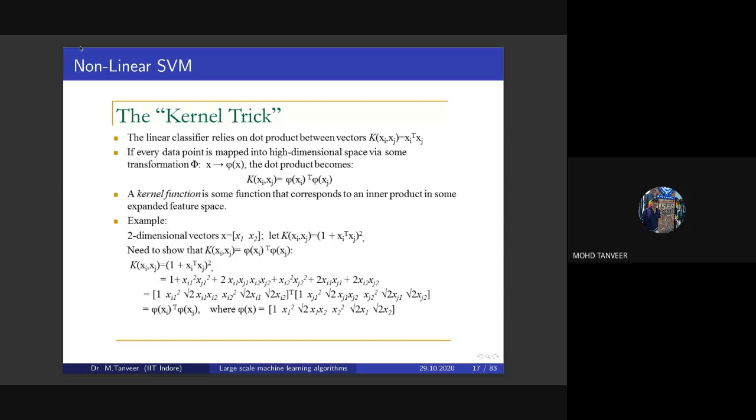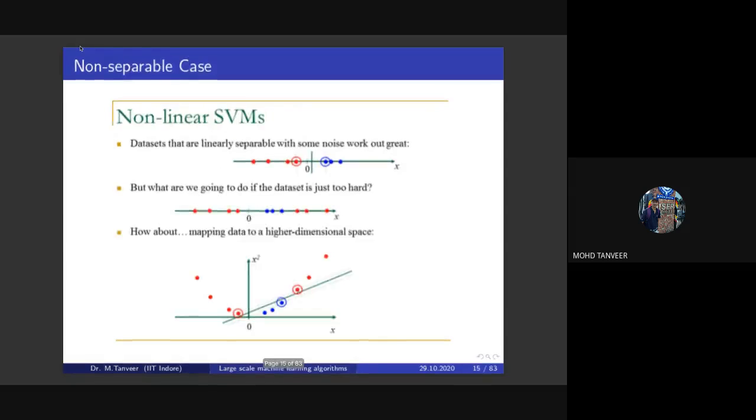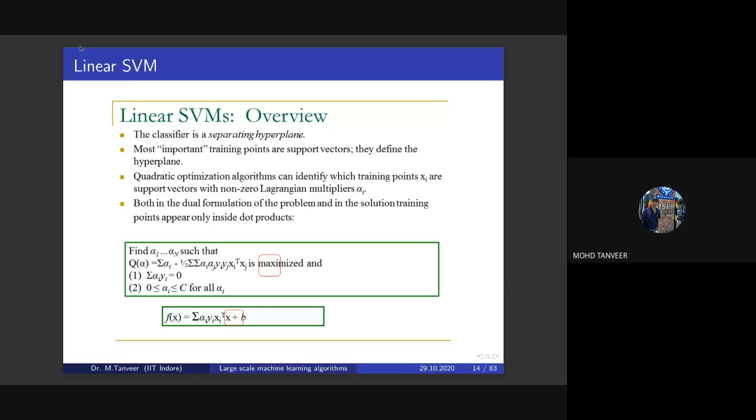What happens in the nonlinear case when we try to get the dual formulation? In place of xi transpose xj, in the nonlinear case you will see later on that the dual formulation appears in the form of phi(xi) transpose phi(xj).